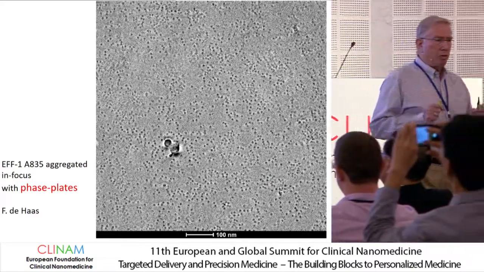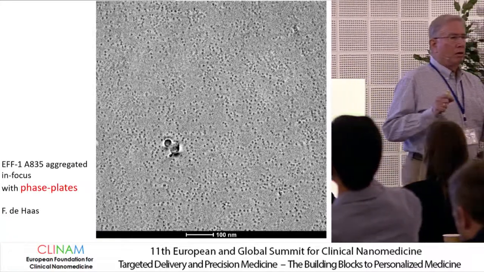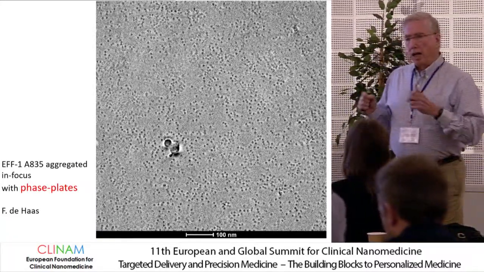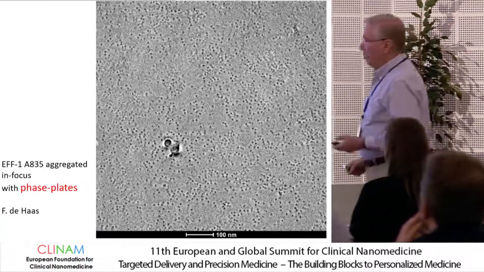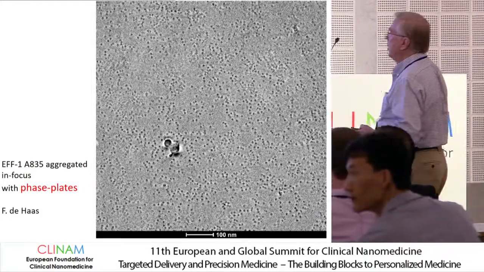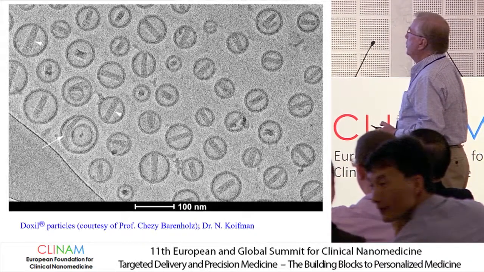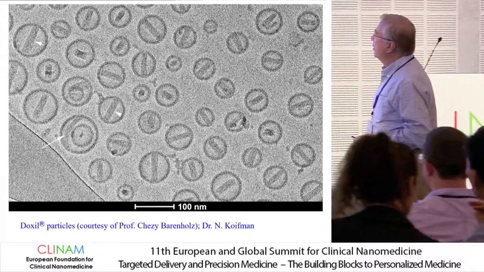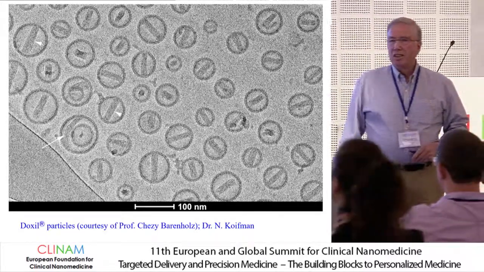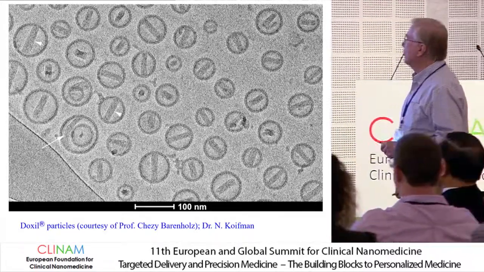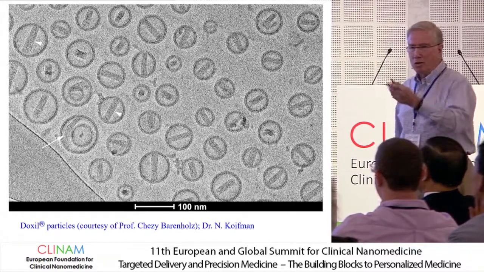So by combining all these things, you can really get very high resolution images of specimens that were prepared in a very controlled manner, and images taken with very low electron dose. So when you do this, you can get images like this. This is the famous system of Doxil of Chezi Barenholz, who is here.